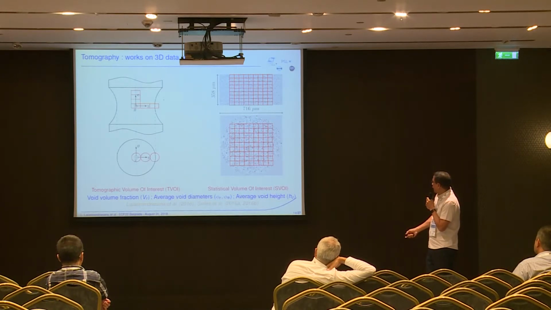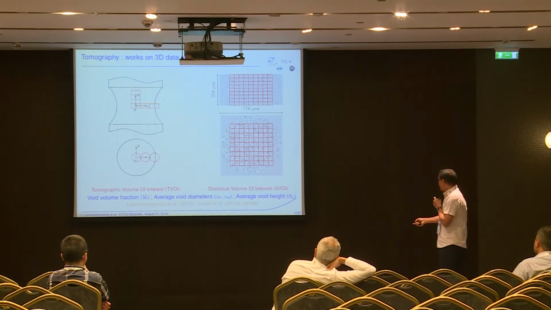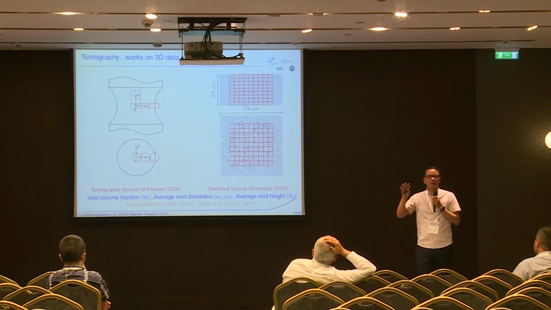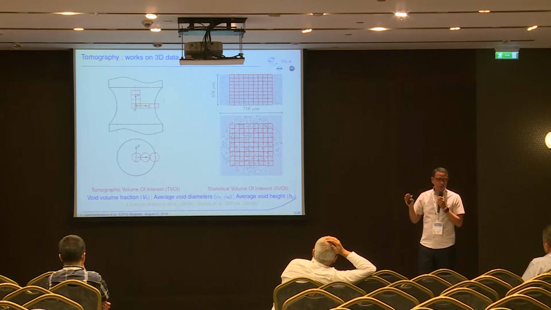And to process the data, we need to obtain what we call the statistical volume of interest, which is something like a cube. The size is about 50 micrometers, which means that there are about 100 spherulites inside, so more than 100 voids.